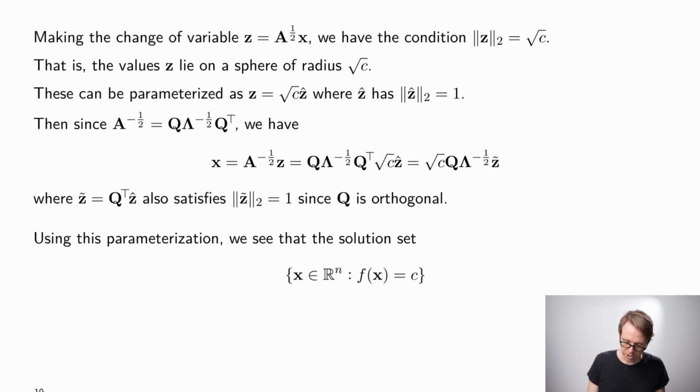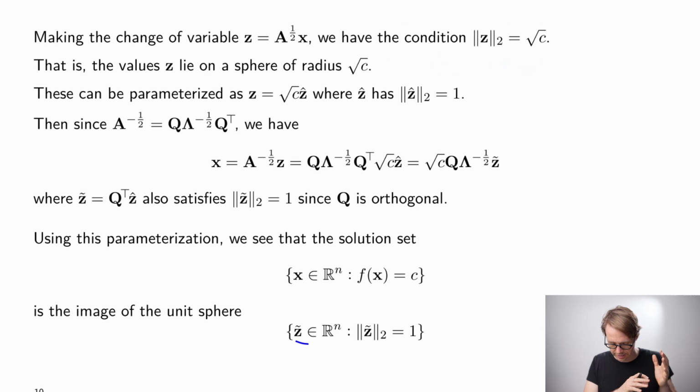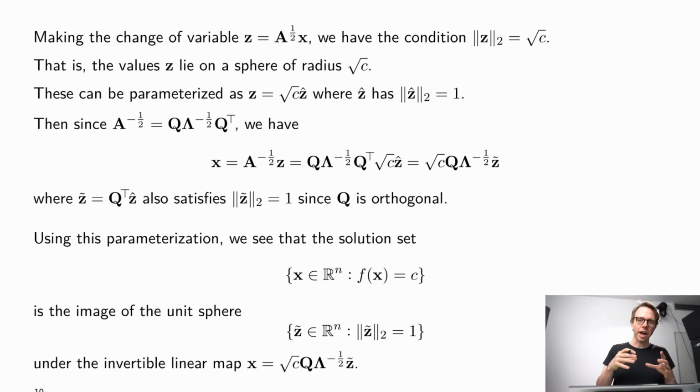Under this parameterization, we see that this level set, so the set of all x from R^n where this function, which is the squared form in A, equals a point C, is exactly, as we have just shown, the image of the unit sphere, which is the set of these z tilde in R^n that have unit norm, where x is obtained using the invertible linear map square root c times q times lambda to the minus 1/2 times this unit norm vector z tilde.